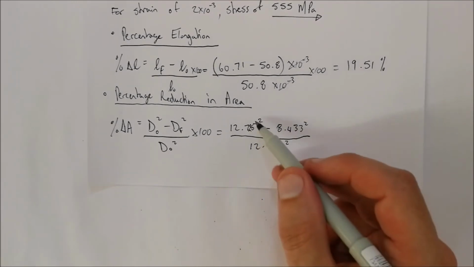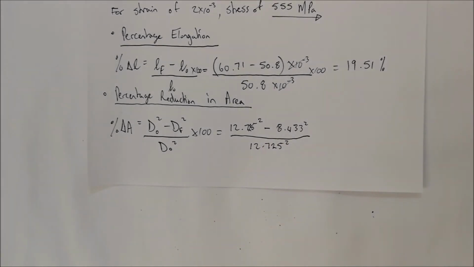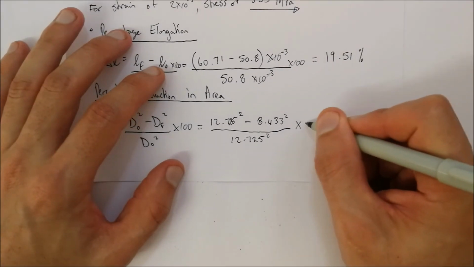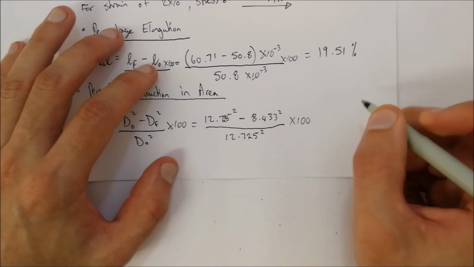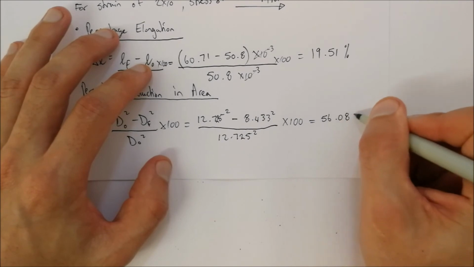Now each of these values should be multiplied by 10 to the power of minus 3, but they do cancel out with each other. Okay, so after I've done that, I'll multiply that by 100, and then we get a final answer of 56.08%.